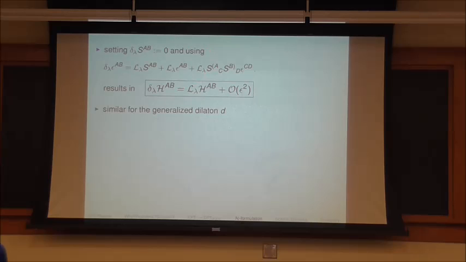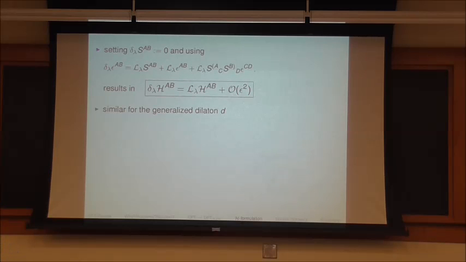Then we can do all the calculations and check that, when we assume this metric is not affected by the gauge transformation, which is natural because it's some kind of background object and not a fluctuation, we can write down the gauge transformations for this epsilon I gave you three slides ago in terms of this generalized Lie derivative. And with the expansion of the eta metric, we see that this generalized Lie derivative on the generalized metric gives us the results we want, up to the order we have calculated.